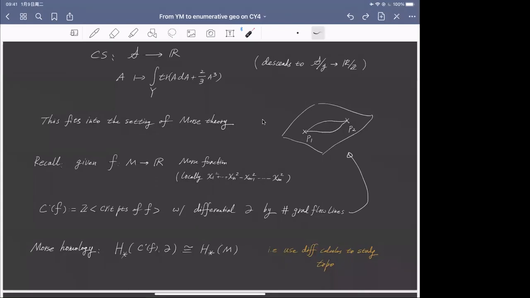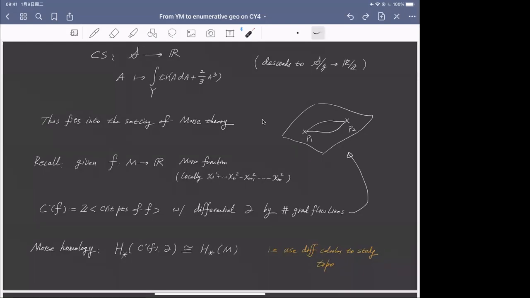And the important consequence is that although we start with extra data, a smooth function, the homology only depends on the topology of M. Actually it's isomorphic to the singular homology of M. Okay, you may ask, you start with this smooth function, and you do this complicated definition of the chain complex, but in the end you recover the known homology, this known topological invariant. Why should I care about this?